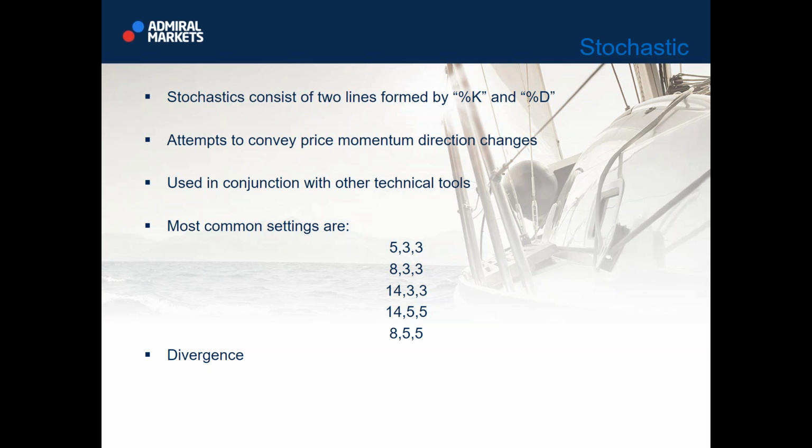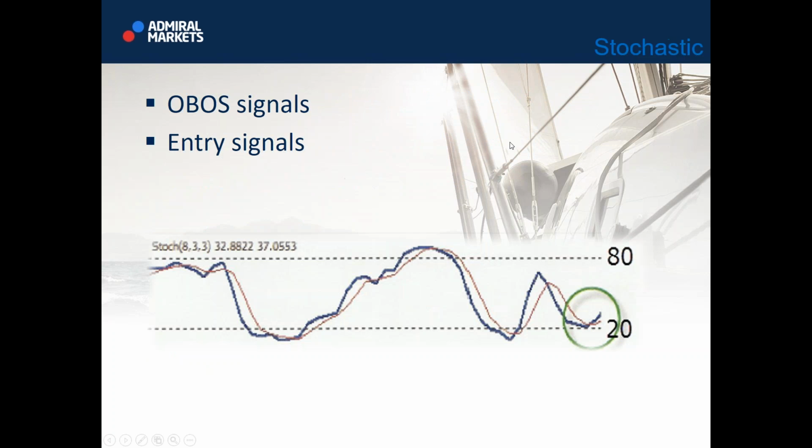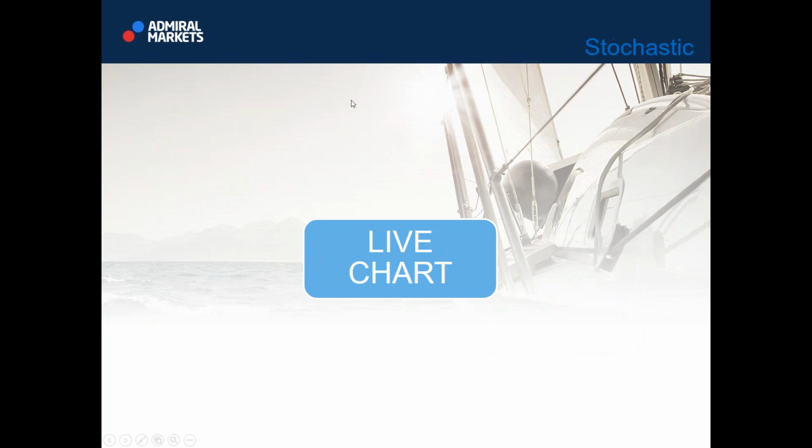We will cover it in one of our next webinars about divergence. So these are the levels 80 and 20. So this is the overbought level, and this is the oversold level. It's used usually as an entry signal. Okay, let me show you the chart now.